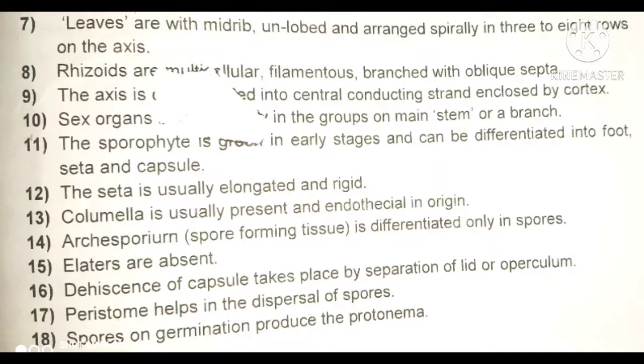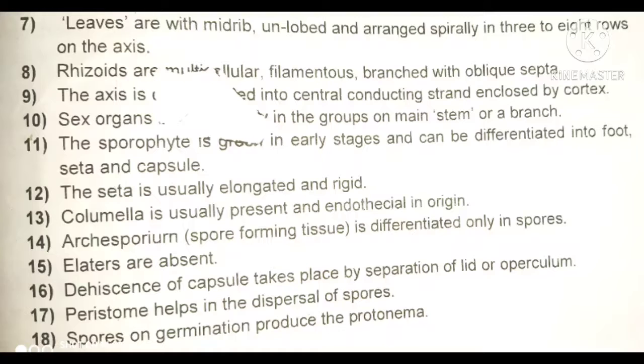The antheridia are produced in the antheridial head, and archegonia are produced in the archegonial head. The antheridia and archegonia may be produced on the same plant, or on different plants. That's why the gametophyte may be monoecious or dioecious.